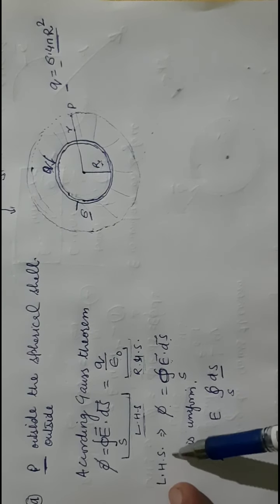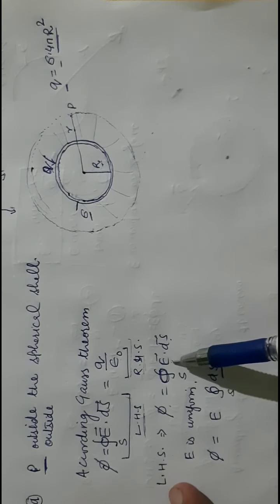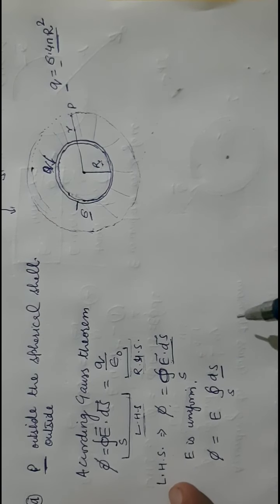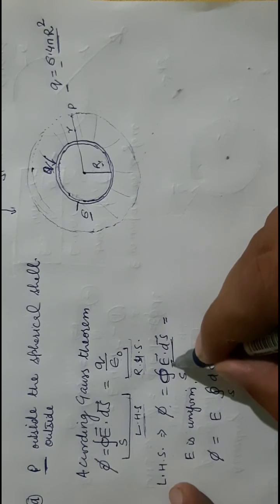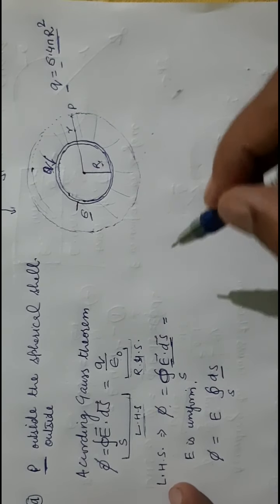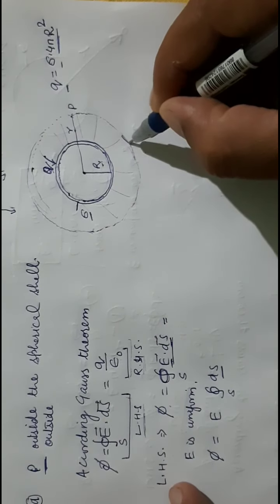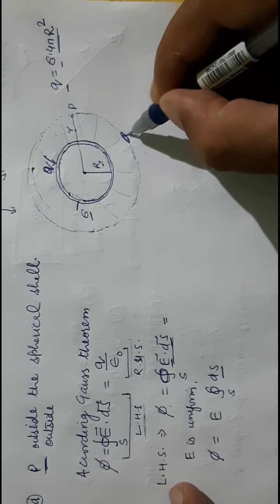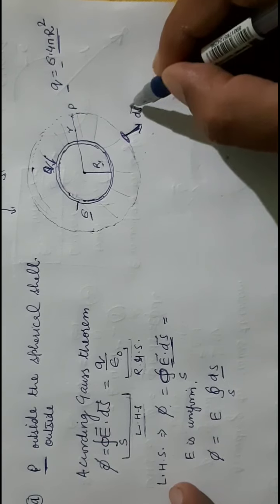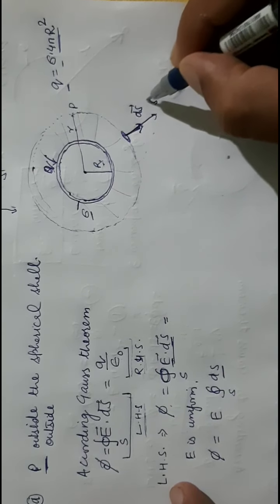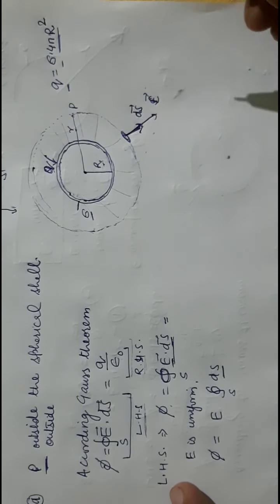Now the left hand side says that the total flux coming out of this is given by this equation. Here we look at the direction of electric field and surface area from the diagram. The surface area vector is always radially outward, and the electric field is also outward. So both are in the same direction.